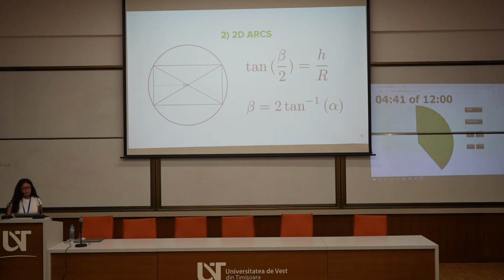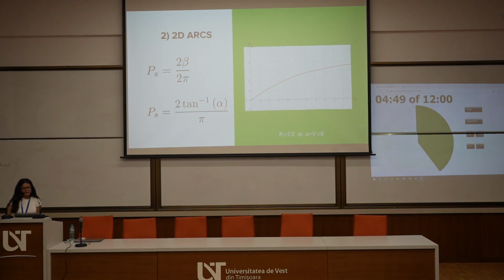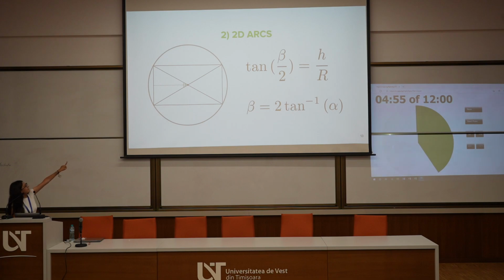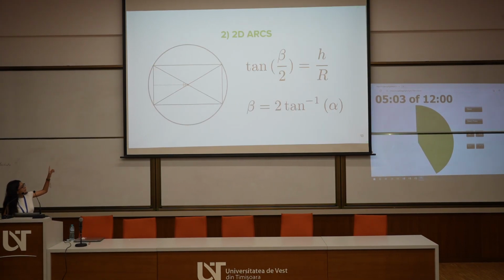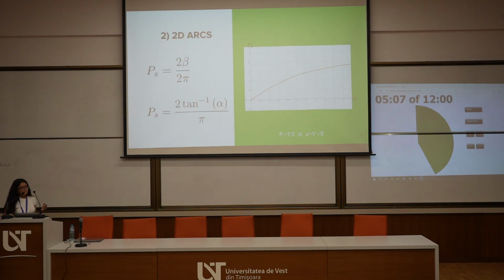So we use trigonometry to find the probability using the variables we know. We solve those equations, and we get that the probability would be 2 beta over 2 pi, beta being the angle over there, I'm sorry. It would be 2 beta because there are two angles on the sides, since there is a face above and a face below the sides, divided by 2 pi.